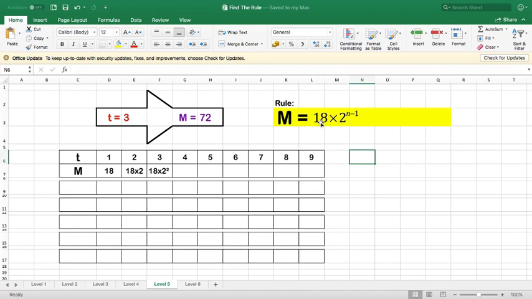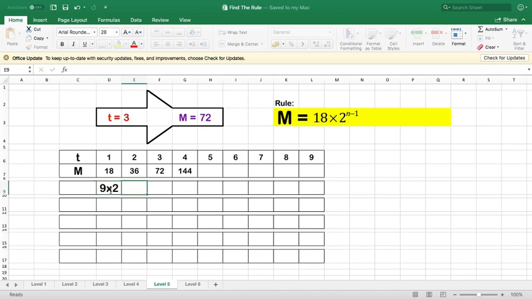Of course, 2 goes into 18, so another way I can think of this is the first one being 9 times 2. The second one being 9 times 2 times 2. So it was 18, 36, 72, just to remind ourselves. I can think of the first one as being 9 times 2.